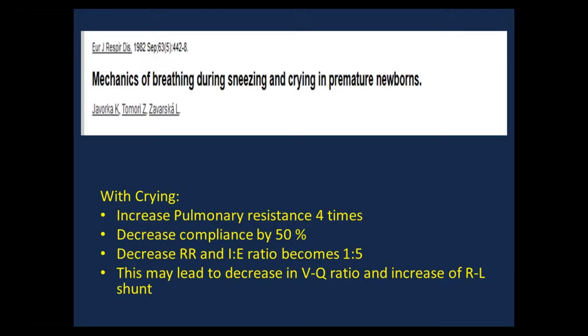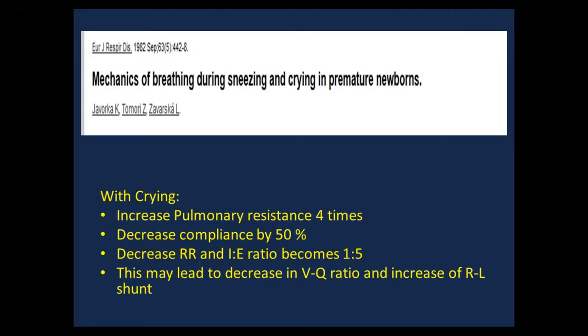What about crying? If you have an infant who is crying and healthy, there is no problem. The healthy infant can cry for a long time without any issues. But in a premature infant with ventilation perfusion mismatch or significant right to left shunt, when he cries, the pulmonary resistance might increase 4 times.